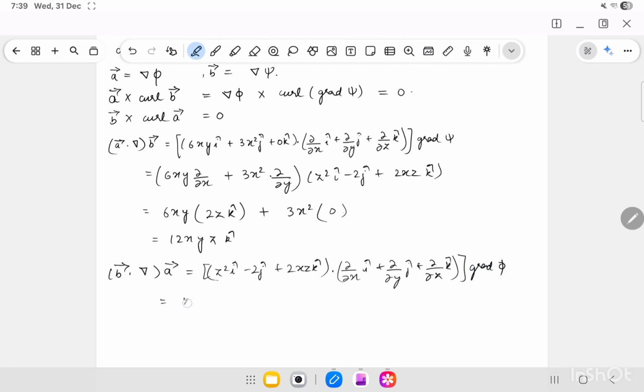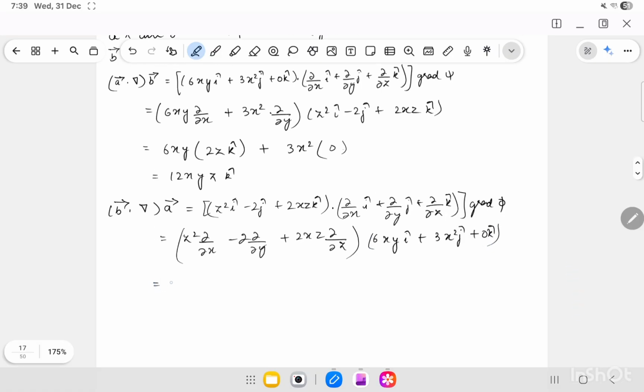That will be equal to z square del by del x minus 2 del by del y plus 2xz del by del z times grad phi, which is 6xy I cap plus 3x square j cap plus 0 k cap.